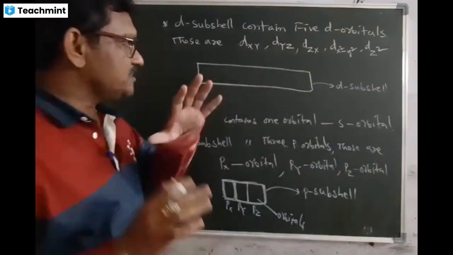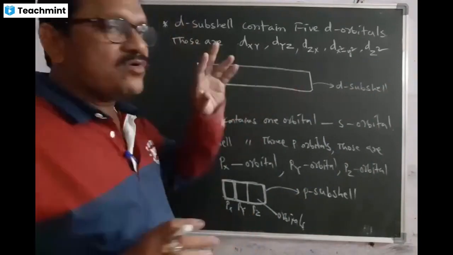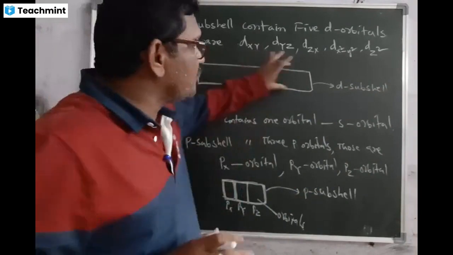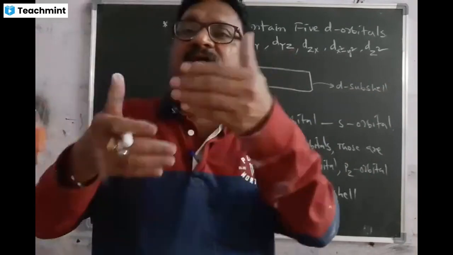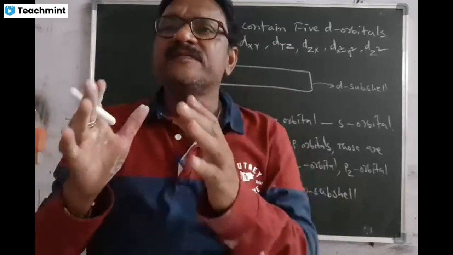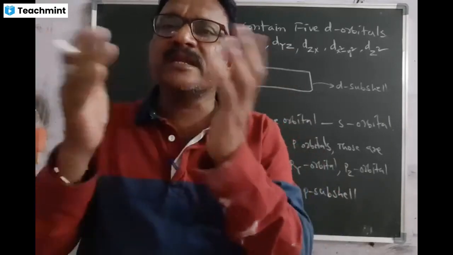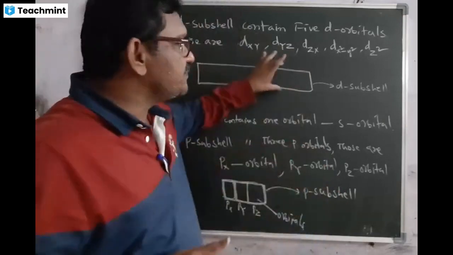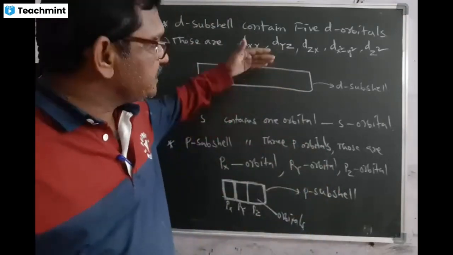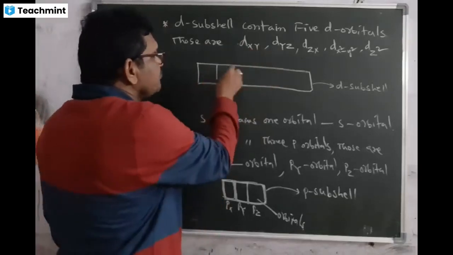For example, think of this complete subcell as one floor. In a floor there are rooms, like a house that contains a number of rooms. How many rooms are there here? 5 rooms.